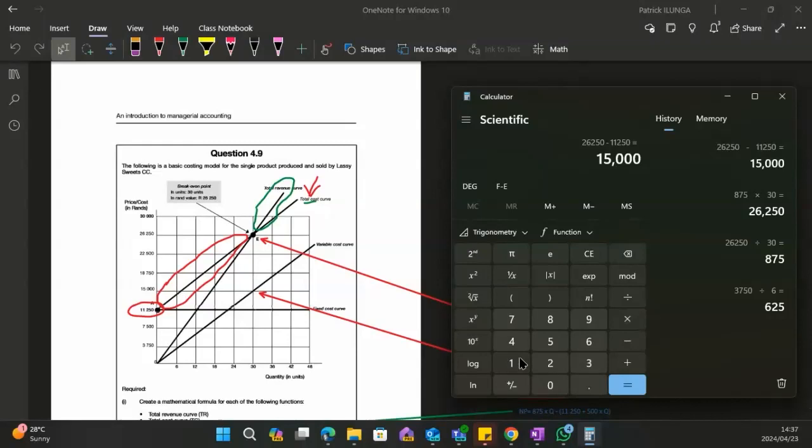So now we can say, for 30 units, the total variable cost equals 15,000. If we divide that 15,000 by 30, we should get the variable cost per unit. So the variable cost per unit will be 500.